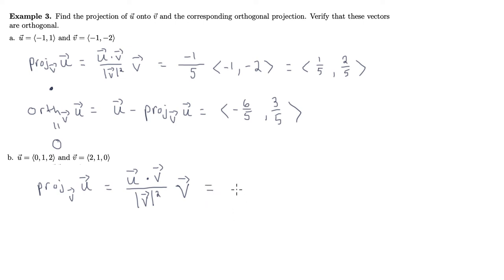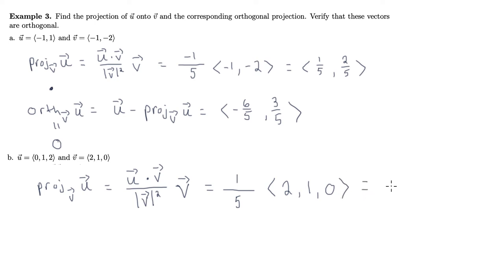Okay, so what's the dot product? It looks like 0 plus 1 plus 0, so 1. And then the length of v is 2 squared plus 1 squared, 5. The length of v squared is 5. And then 2, 1, 0.